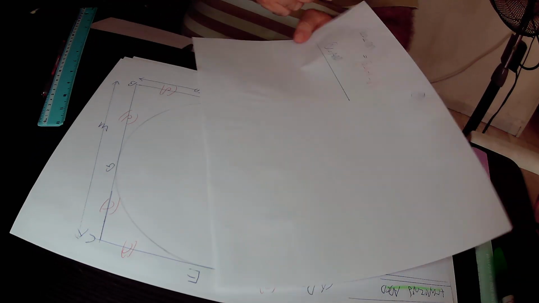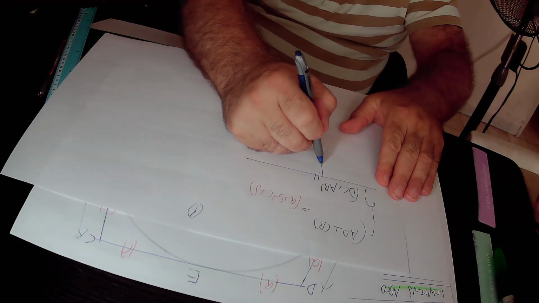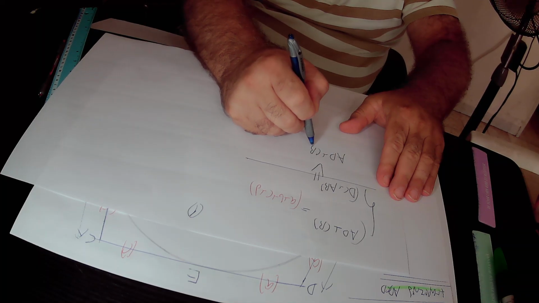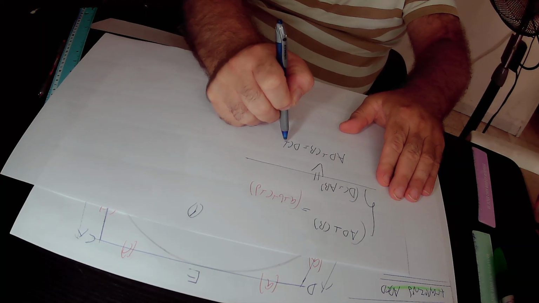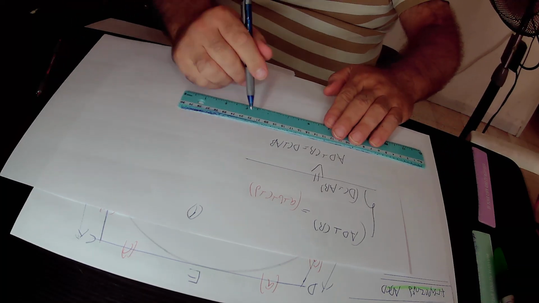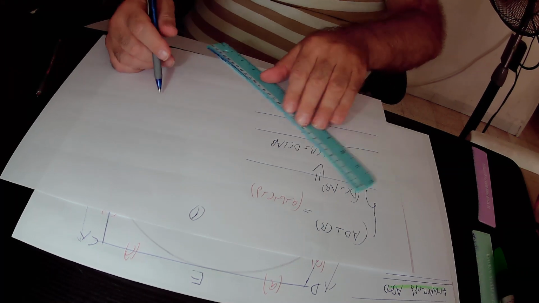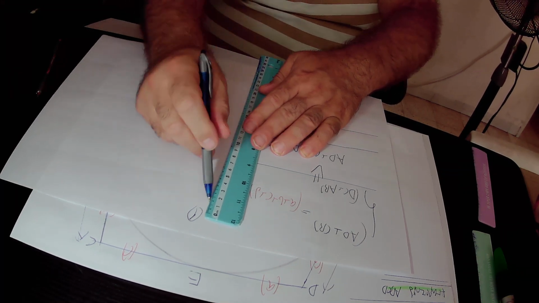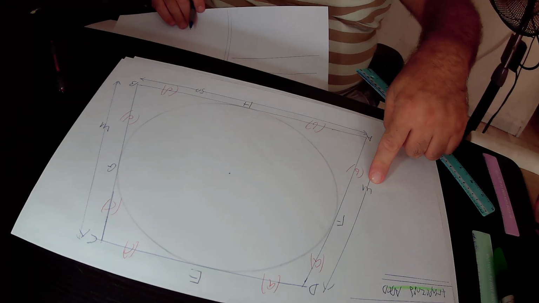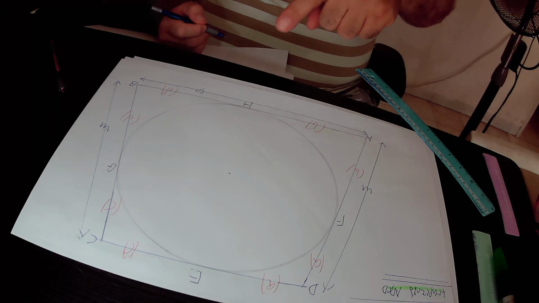So, now we found out that AD plus CB equals DC plus AB. AD is 41 plus CB.